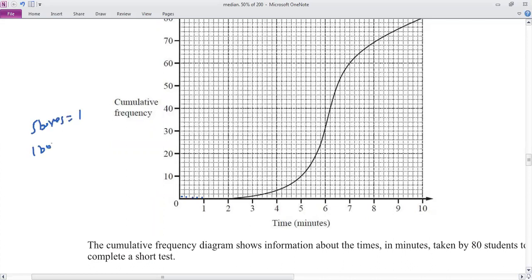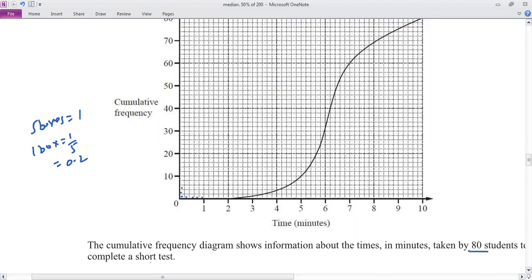So one box is 1 over 5, which is 0.2. Each box is 0.2 for x. For y, how many boxes are making 10? 1, 2, 3, 4, 5. So each box is 2. Remember that.